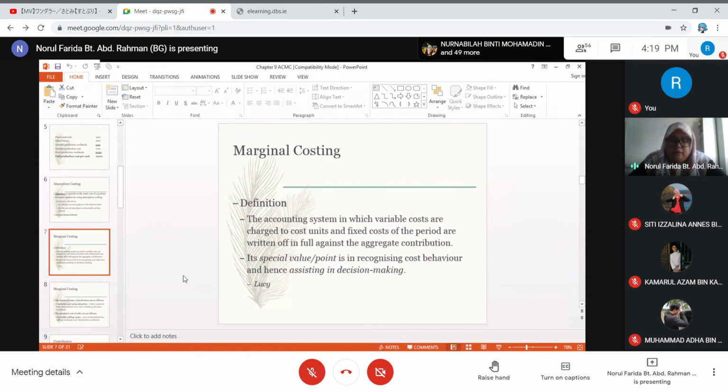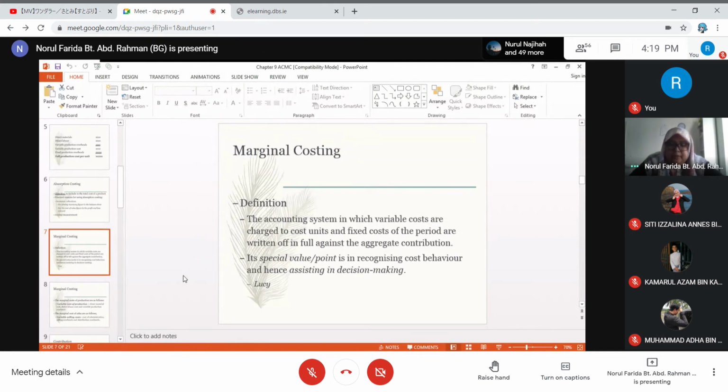This method of costing relies on the identification of fixed and variable production costs. Okay, fixed production and non-production. Okay, non-production bermaksud period cost lah ya. Alright, macam selling cost, administration cost, okay, will be treated as expense.